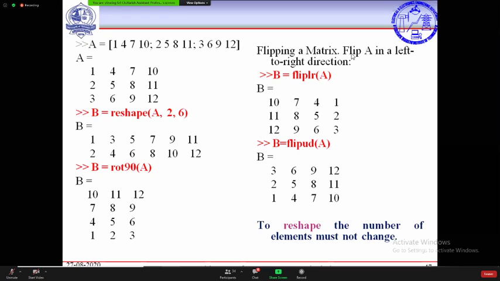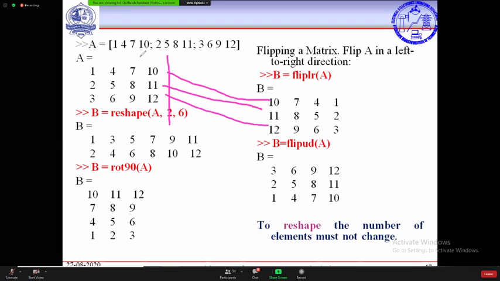Okay, flipping a matrix. Flip A in the left to right direction, just like a mirror image. If you check here, 10 comes here and 11 comes here: 10, 11, 12, 7, 8, 9.